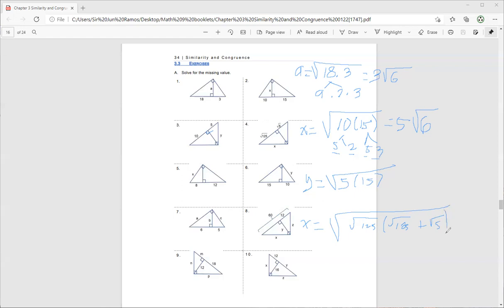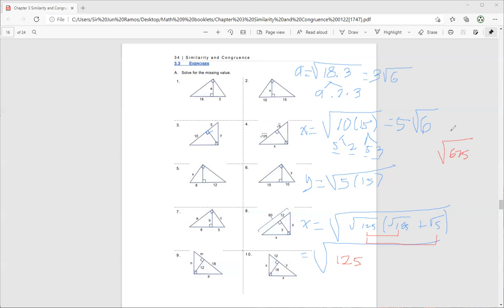Now, instead of simplifying the one inside, I can actually do distributive multiplication. If I multiply the square root of 125 by itself, then I will get 125. Okay? And if I multiply the square root of 125 times the square root of 5, you will get the square root of what? 625.